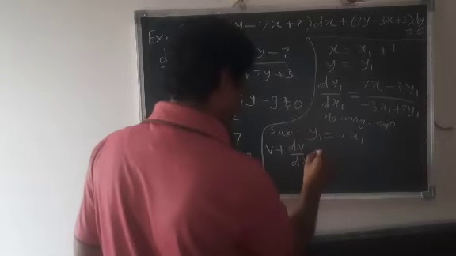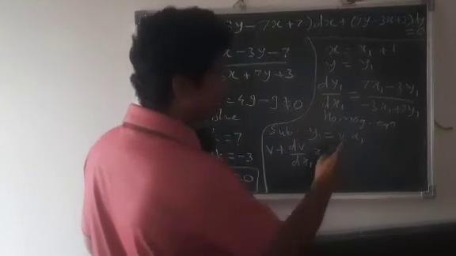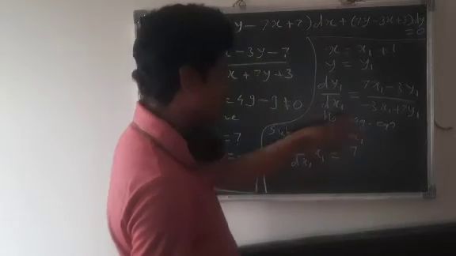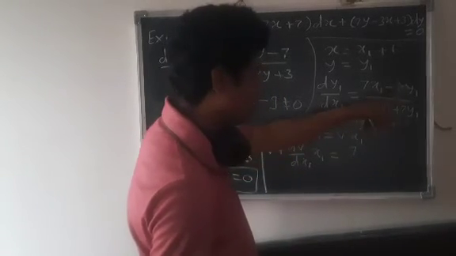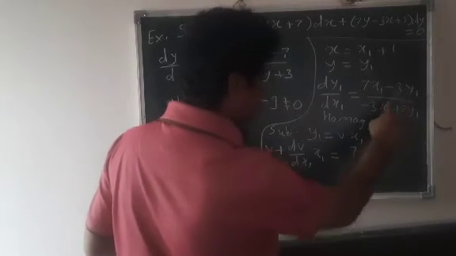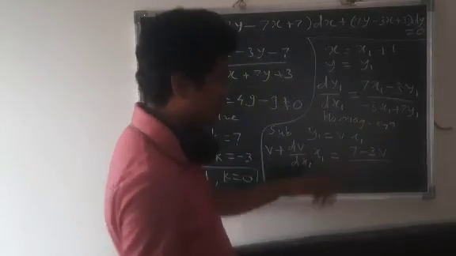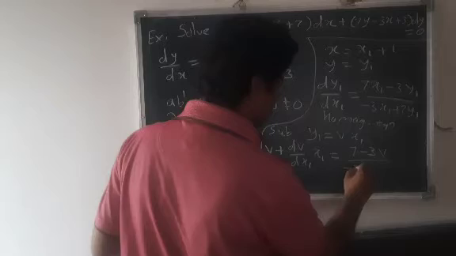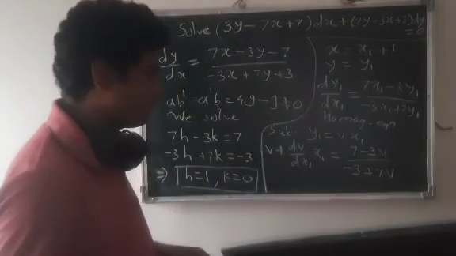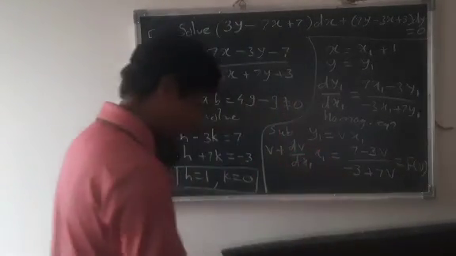Right hand side is 7, now x1 will be common, minus 3 y1 is vx1, so x1 will be cancelled from numerator and denominator. Denominator is minus 3 plus 7v. So this is f of v.